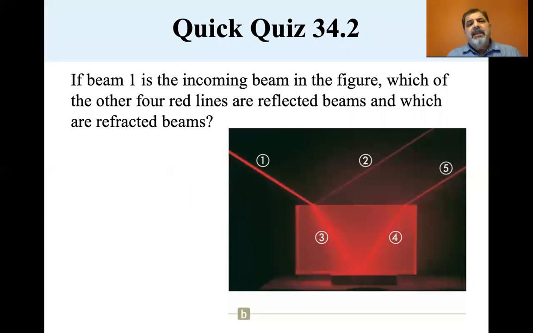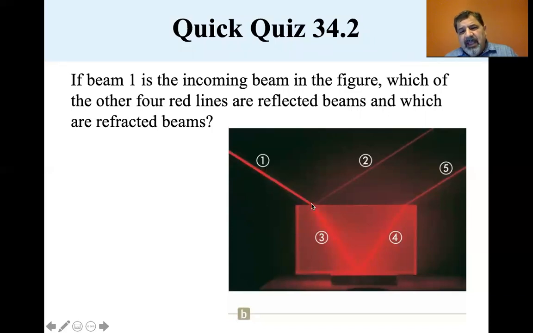Now, if beam one is the incoming beam in the figure, which of the four red lines are reflected beams, and which are refracted beams? Well, here you can see one comes in, and there, look, there's two. That's reflected. Now notice three comes over here, and off the bottom of this surface, you have a reflected four. And which ones are refracted?